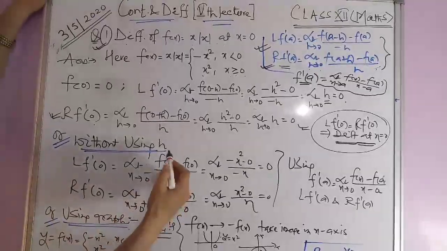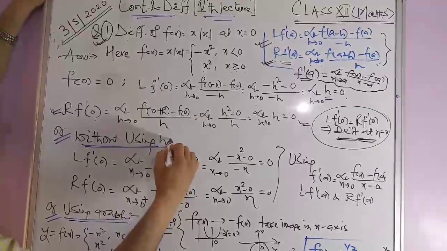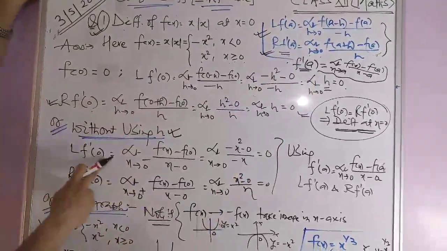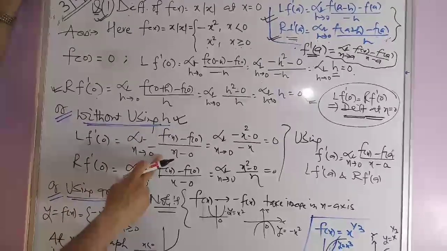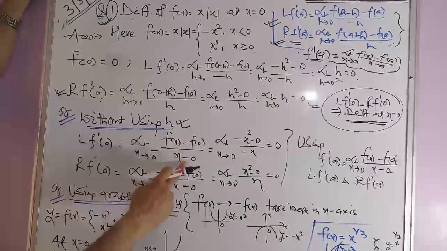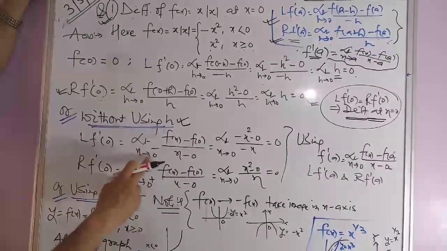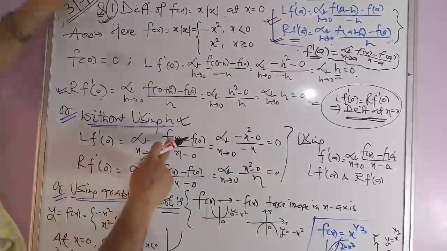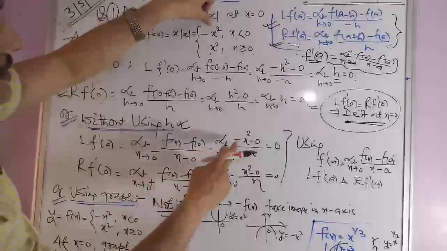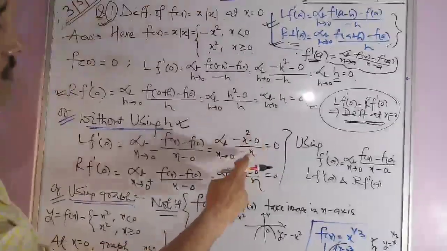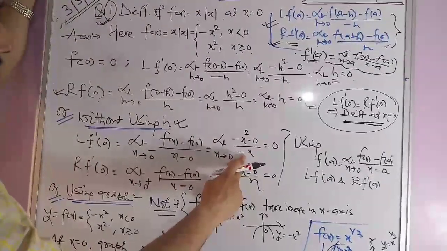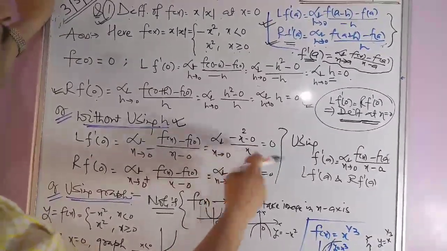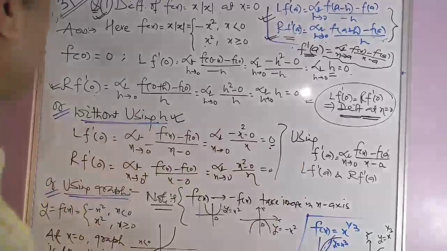Here, using this formula without h, LF'(0) is limit x tends to 0 minus of [f(x) - f(0)] / (x - 0). Here x is less than 0, so f(x) equal to -x square, minus f(0) which is 0, upon x. So the result will be 0.